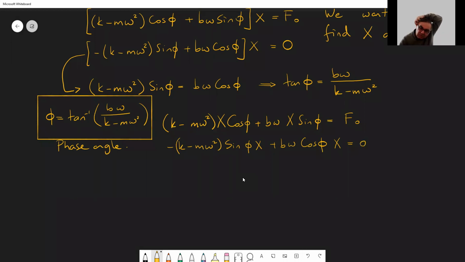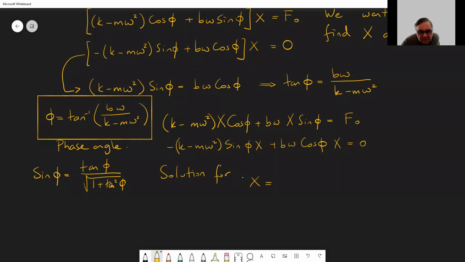We can use certain trigonometric identities such as sine phi, for example, is equal to tan phi over root of 1 plus tangent squared phi, etc. And once you substitute them in for sine and cosine, and simplify this, this takes a long time, but the solution for x, I will just give it to you here.